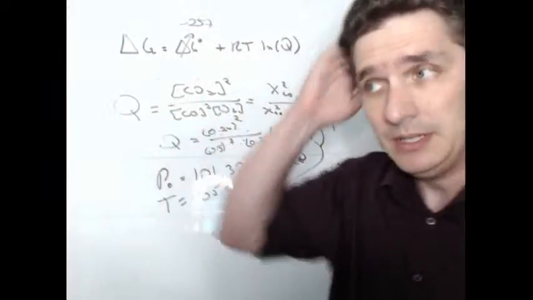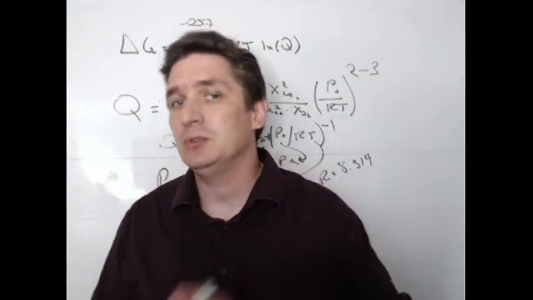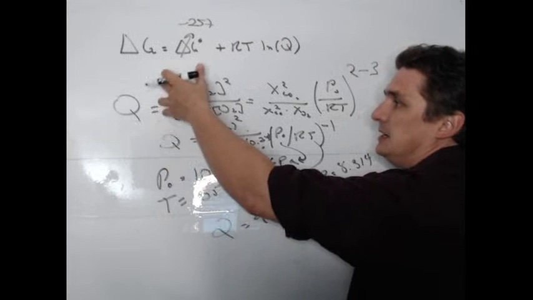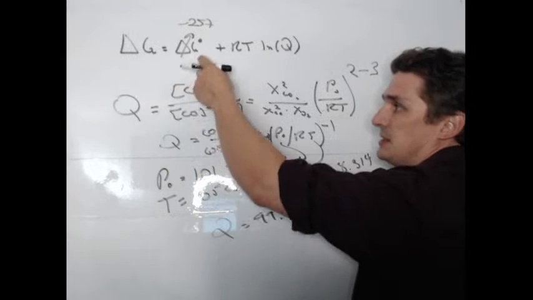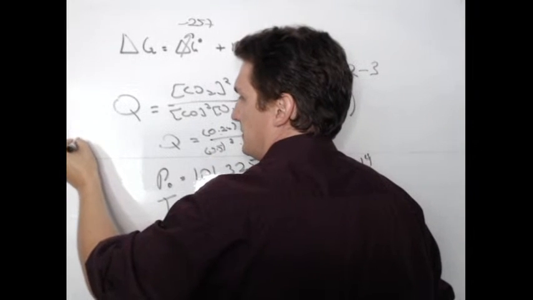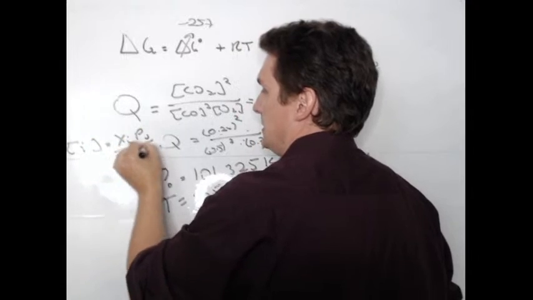Really, these problems bring together everything you've been covering for equilibrium and thermodynamics. The expression for Q is just the statement of what Q is, squared all over this. We can use the substitution that the concentration of I is the mole fraction of I times P naught over RT.